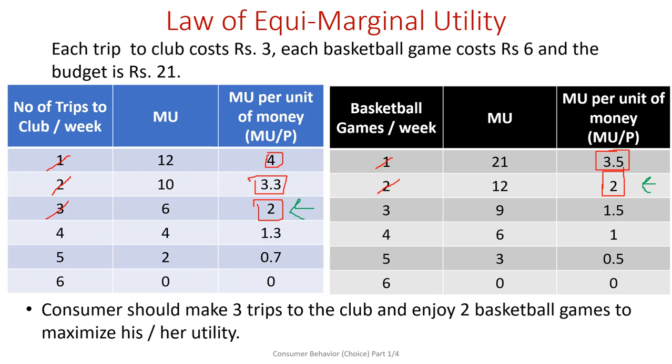Therefore, the law of equi-marginal utility guarantees maximizing utility if a consumer spends his income on different goods in such a way that the marginal utility over price ratio is the same for the last unit of all the commodities.